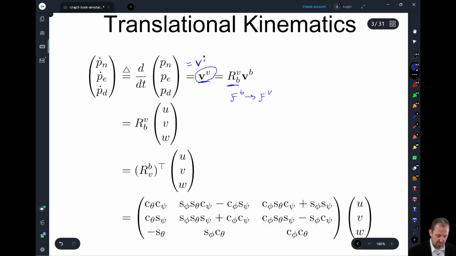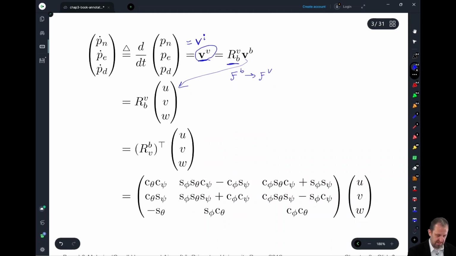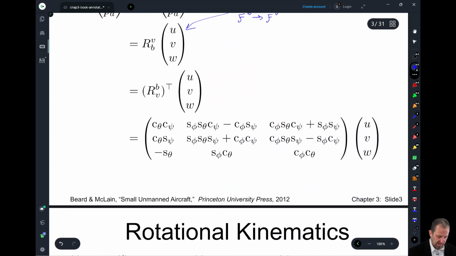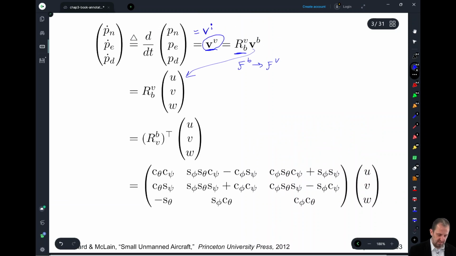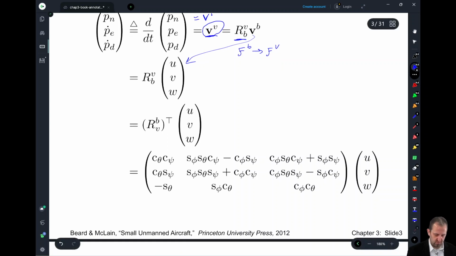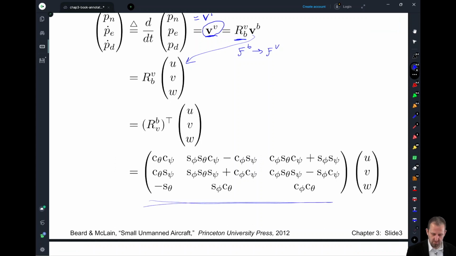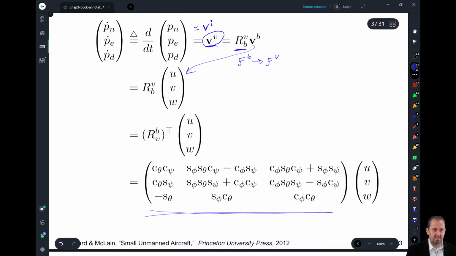All right, so we take our UVW right here, multiply it by that transform, and we had previously defined the rotation matrix from the vehicle to the body frame, but again, all we have to do is take the transpose, and voila, we take that matrix that we've defined in previous lectures, multiply it by UVW, and now we know how our position is varying with time given our velocity.